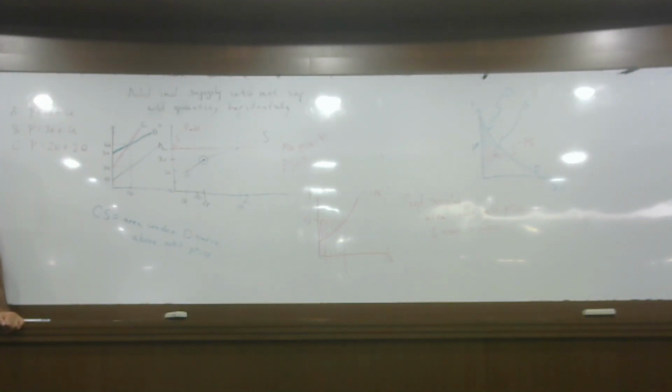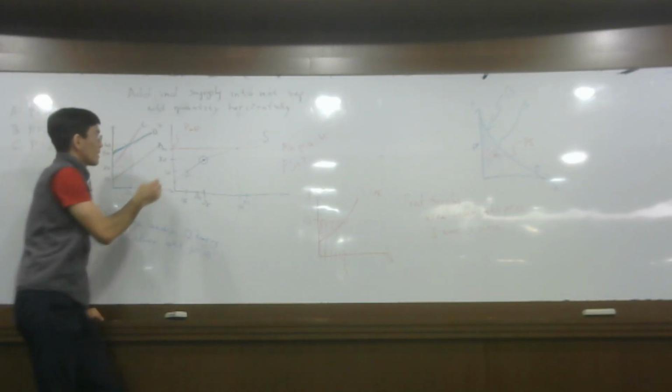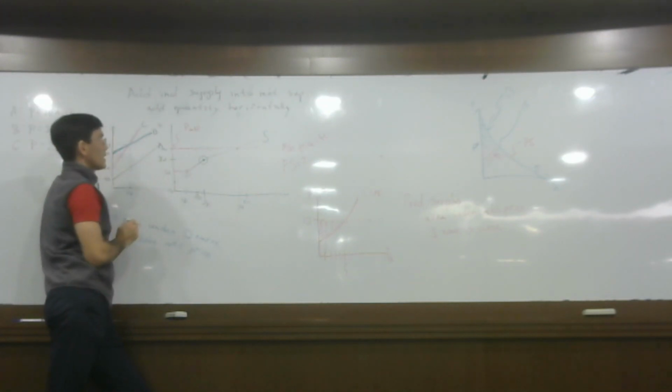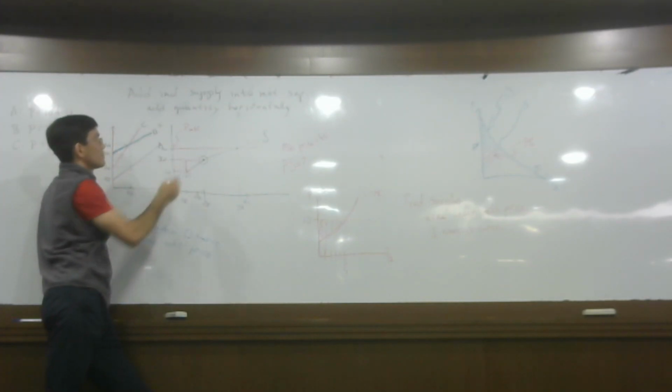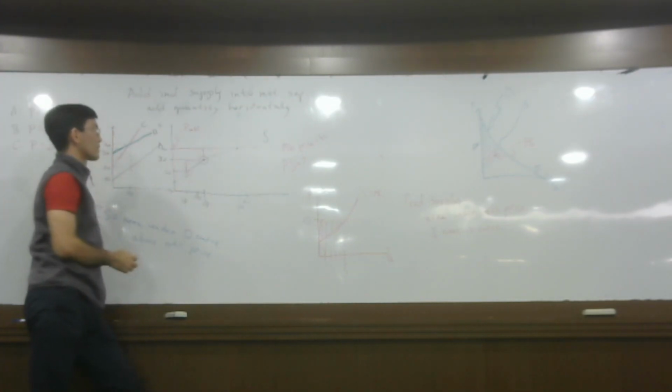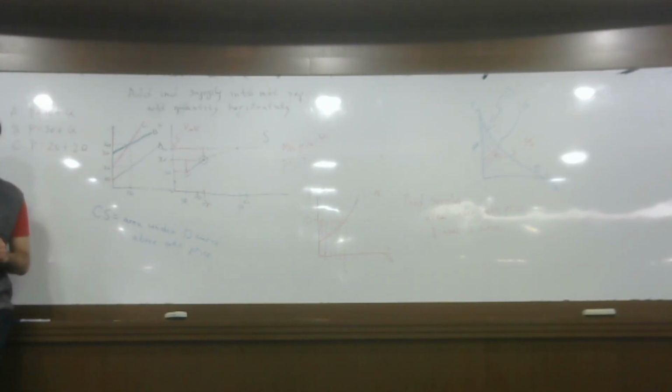Let's break it up into simpler shapes. We're going to have a triangle here, and a rectangle, another rectangle, a triangle. So again, 3 triangles, 2 rectangles. I can calculate how much is the producer surplus.